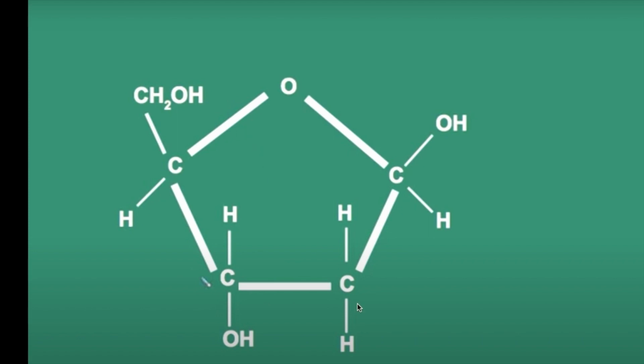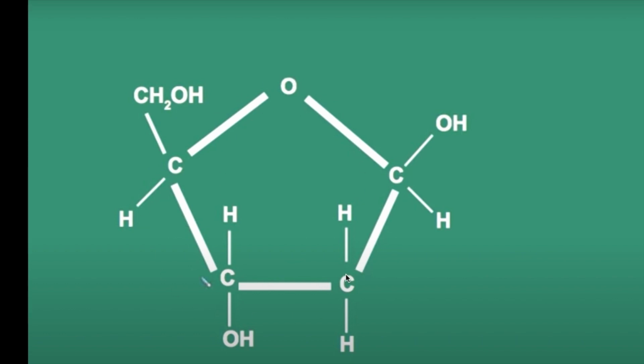And it is one of the building blocks of a bigger unit called a nucleotide. There are two types of pentose sugars that we are going to consider as we look at DNA and RNA. RNA stands for ribonucleic acid. Ribose is a synonym for pentose.